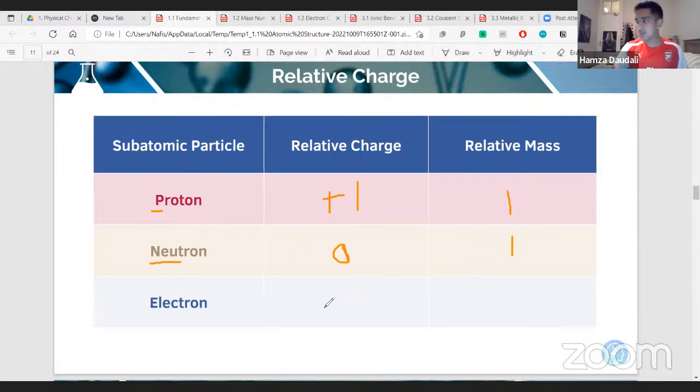And electrons are used to balance out the positive charge of the proton. So they have a relative charge of -1. But their relative mass is 1/1820, or approximately 1/2000. So electrons are much smaller.